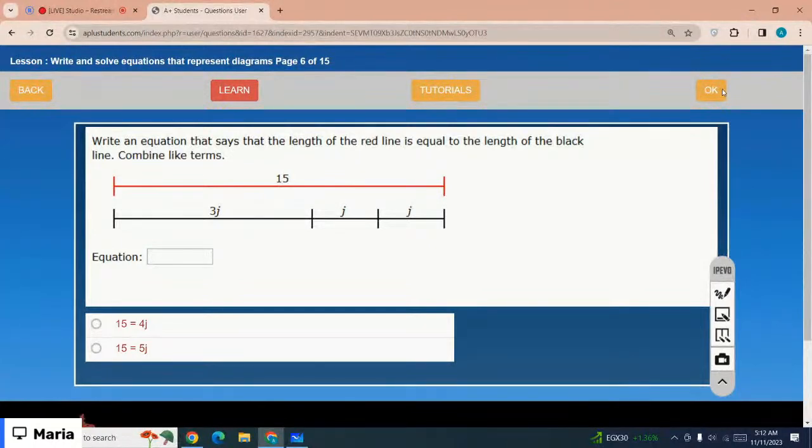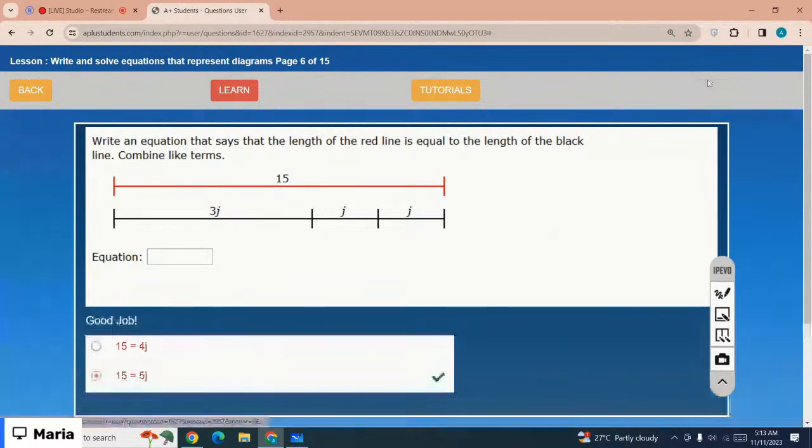Just look at the black line: 3j, j and j, and collect them. They are like variables. So the correct option is 5j equals 15. You can complete the lesson by yourself later today. Let me move on to the next lesson.